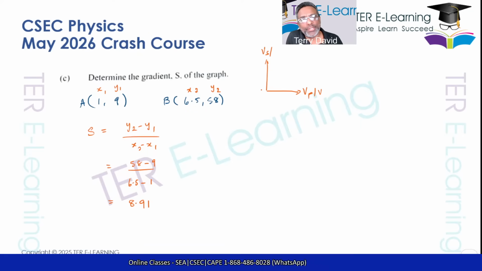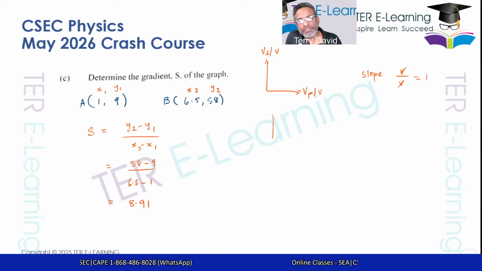If you want to know the unit for your slope, you take the unit on the y-axis, which is V, and the unit on the x-axis, and divide them, and you get 1. So basically they cancel each other.